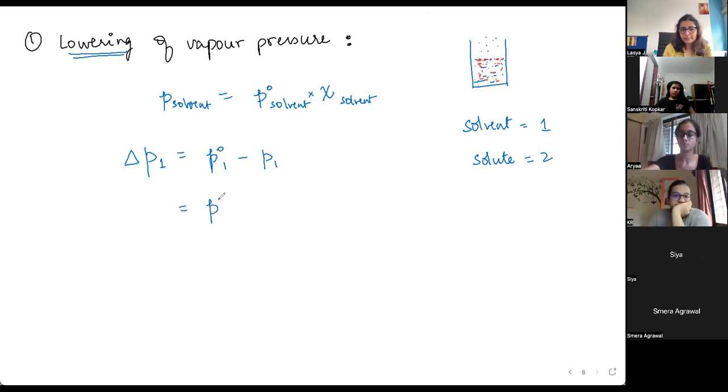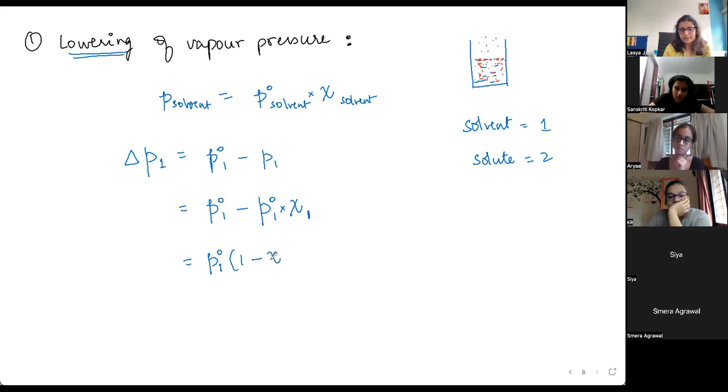That will be P naught 1 minus P naught 1 into X1. That is equal to, if I take P naught 1 common, 1 minus mole fraction chi 1, which is equal to P naught 1 into chi 2.